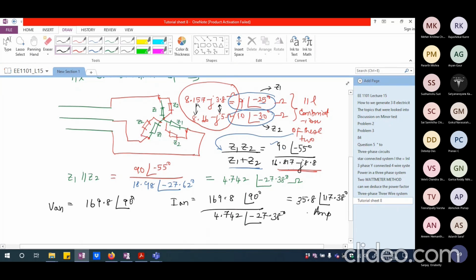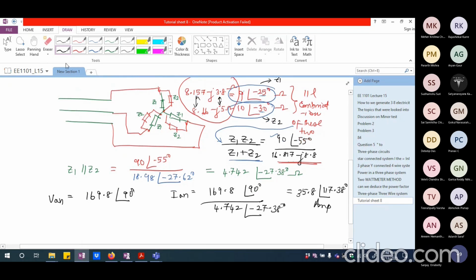I can directly calculate IBN from here because it's a balanced load. The magnitude will not change, but the angle I have to do with minus 120. So 117.38 minus 120 will be minus 2.62. So IBN is the same 35.8 ampere with an angle of minus 2.62 degrees.